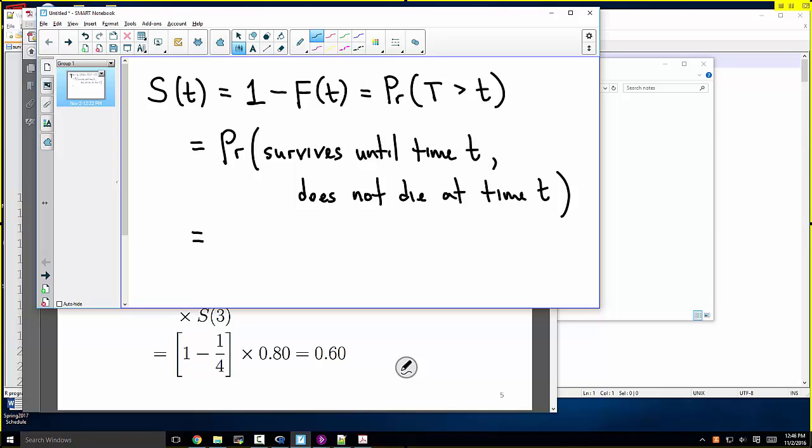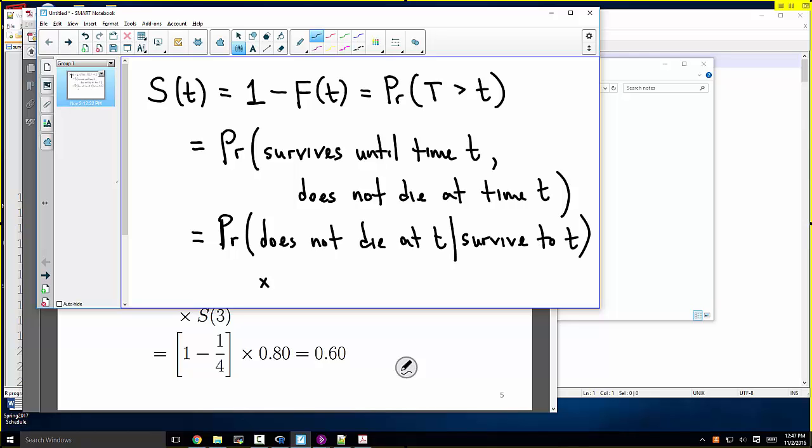And we said last time that a joint probability like this can be written as a product of a conditional probability times a marginal. So we can write this as the probability that the individual does not die at t, given that they survive up to t, times a marginal probability that they survive to time t.